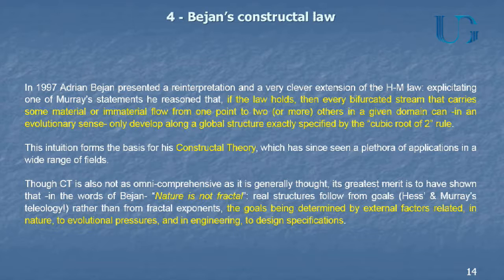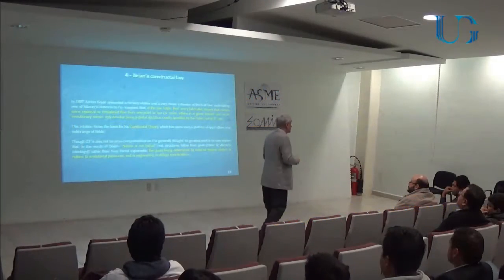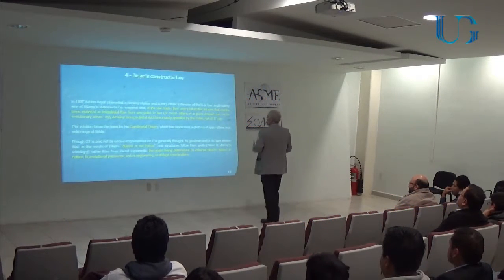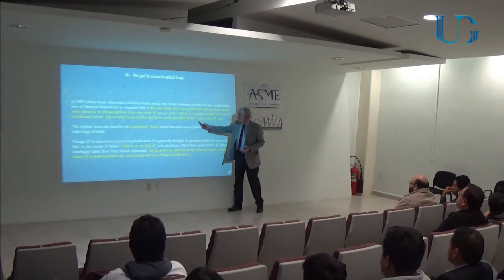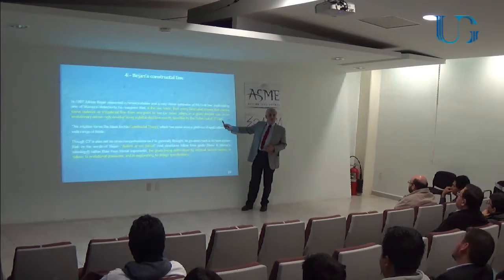You can transport blood, sap in plants, water, electricity, energy, thermal energy, people, sand, whatever. Okay? He applied this law to several cases of transportation from one point to the other, always applying this cubic root of 2 rule.